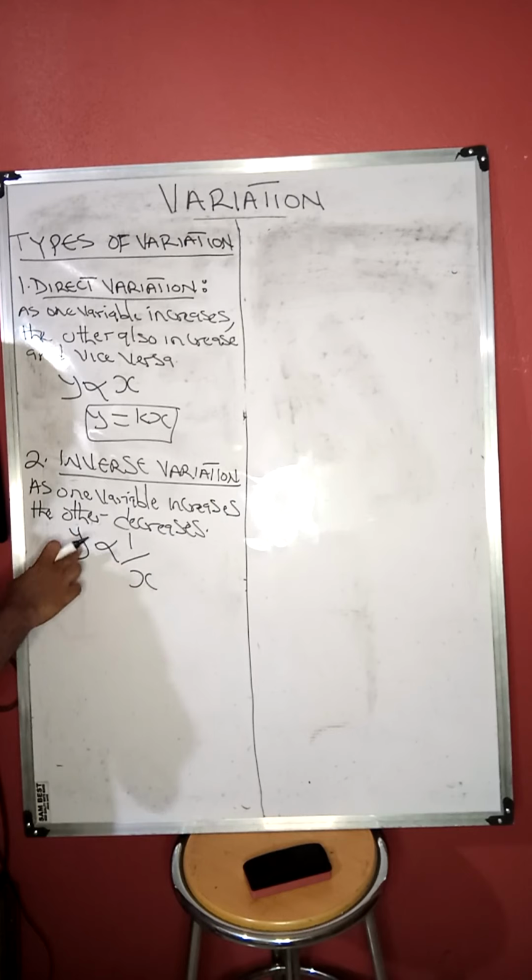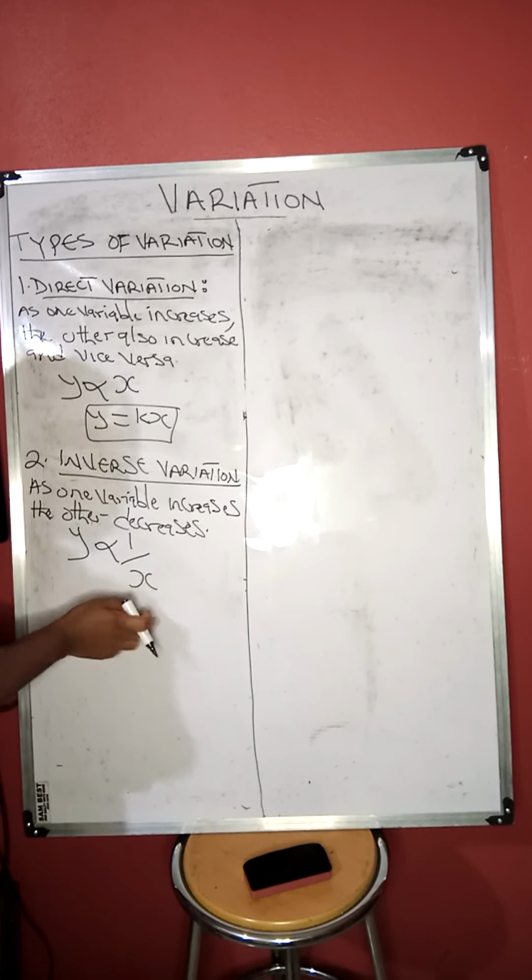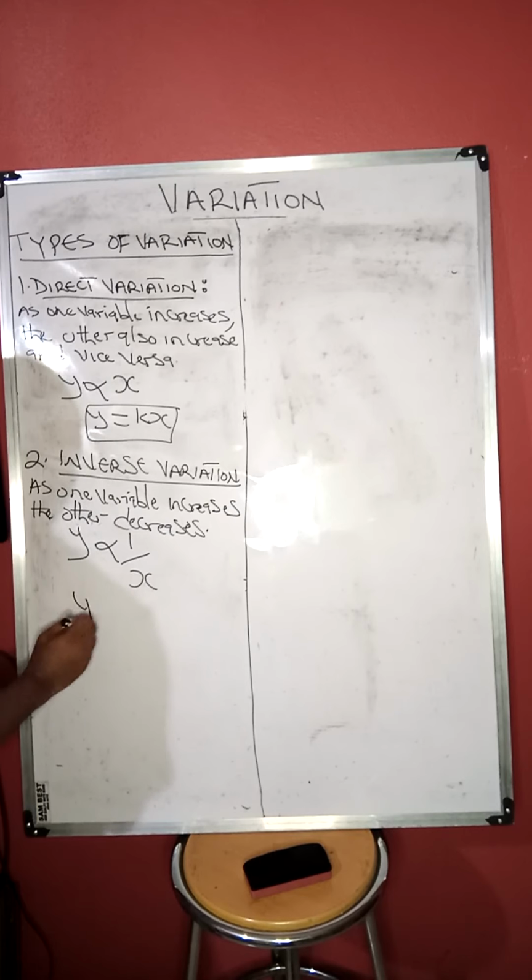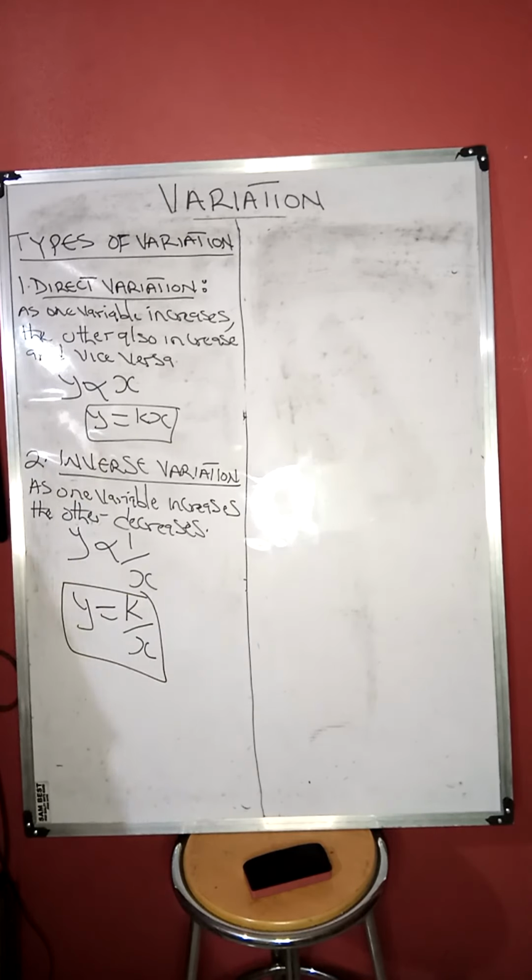Y is inversely proportional to x. It means y is proportional to 1 over x. If you introduce your equality sign and introduce the k, you'll have y equal to k over x. This is the relationship for inverse variation.